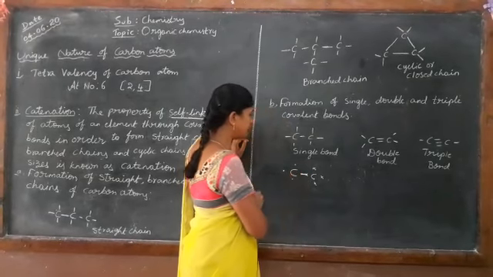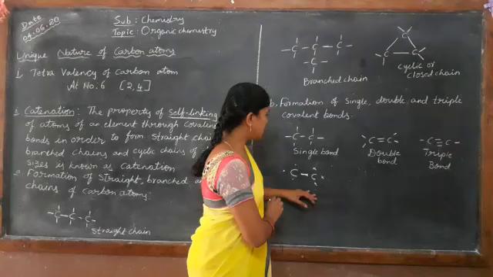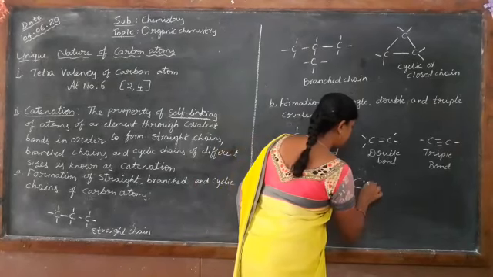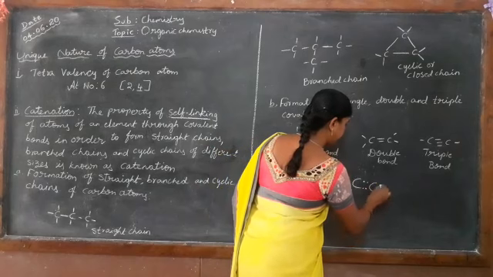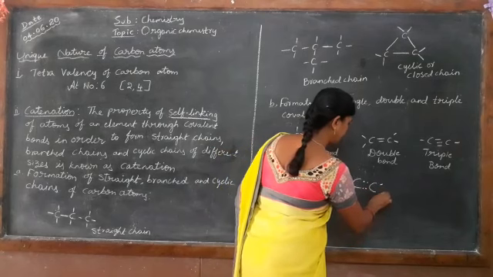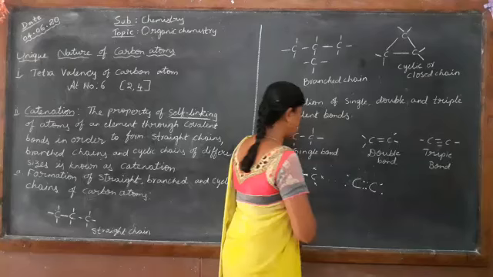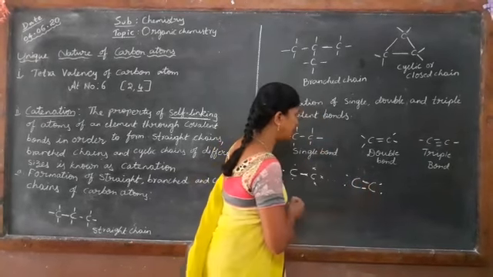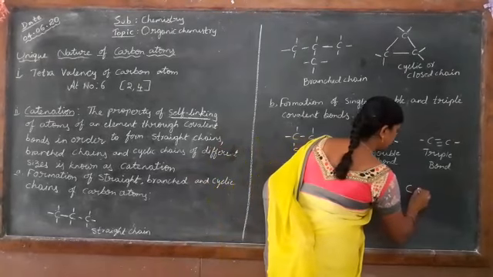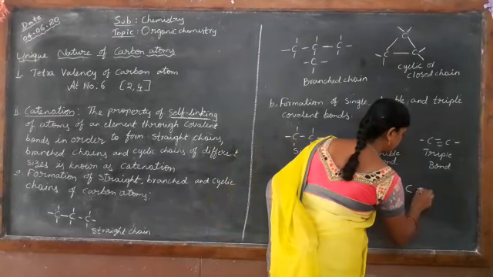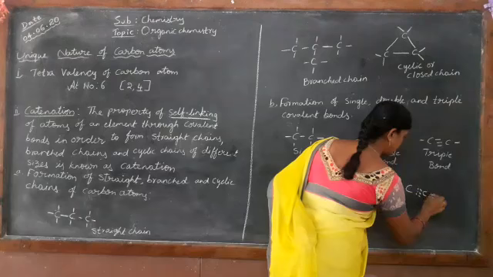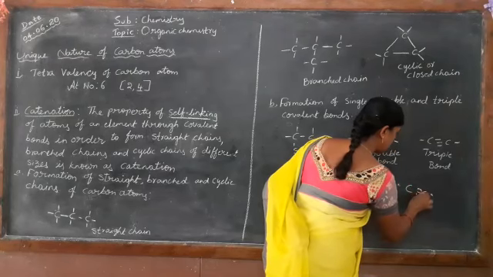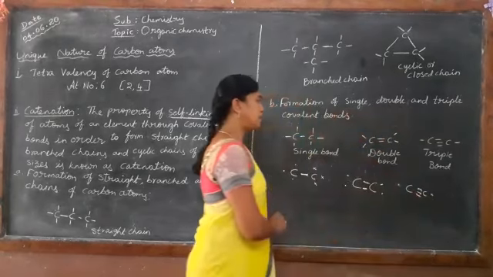So here it will get the single bond and sometimes it will get a double bond. This is the double bond. And here sometimes it will get the triple bond. So this is called the formation of the triple bond.